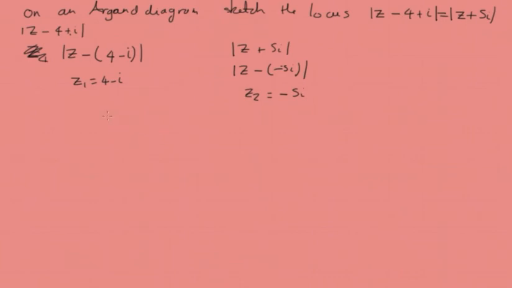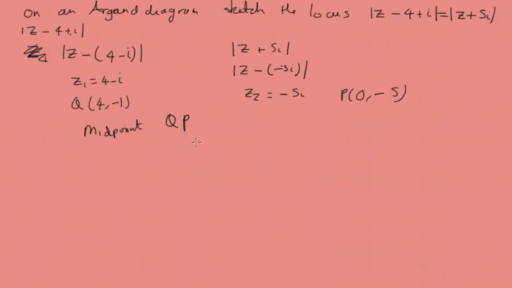So for the perpendicular bisector, we need to find the midpoint between Q and R. So Q is going to be (4, −1), and R is going to be (0, −5).